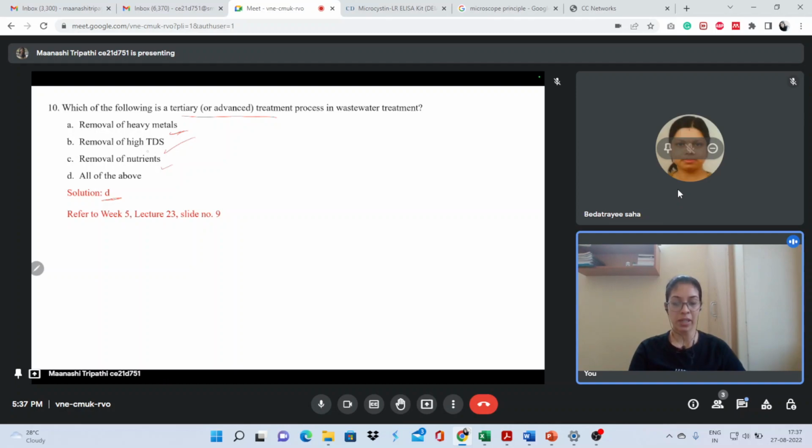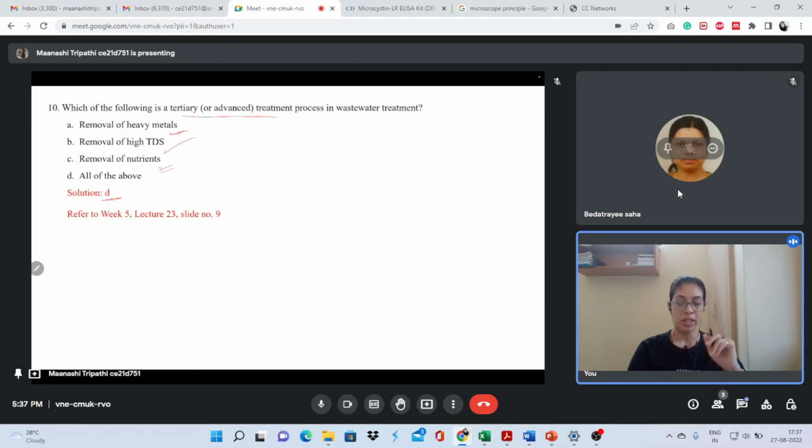Removal of high TDS. If there are lots of TDS in our water, that is very dangerous for us. For example, if fluoride is there, it will make our bones brittle. That is why we want to remove these total dissolved solids. Nutrients. Why do we want to remove nutrients? Our body requires nutrients, but in very small quantity.